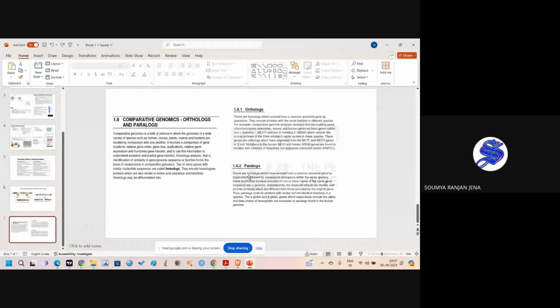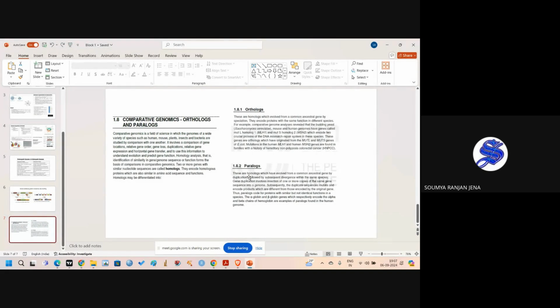For example, take the hemoglobin structure. Hemoglobin contains globin genes, but these globin genes are duplicated, and after some speciation they are converted to the alpha globin gene and beta globin gene, and these form the hemoglobin structure.